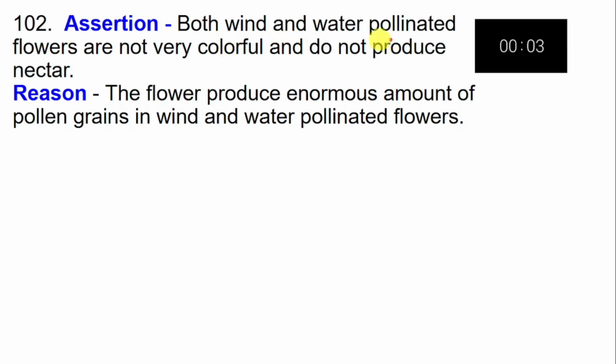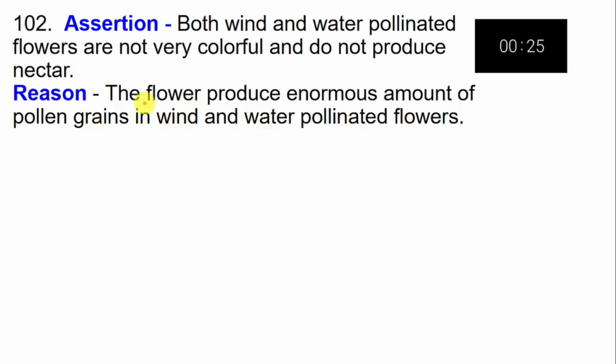Both wind and water pollinated flowers are not very colorful and do not produce nectar. Wind and water pollinated, definitely. They are not colorful, do not produce nectar. This is correct. Reason says the flowers produce enormous amounts of pollen grains in wind and water pollinated flowers.